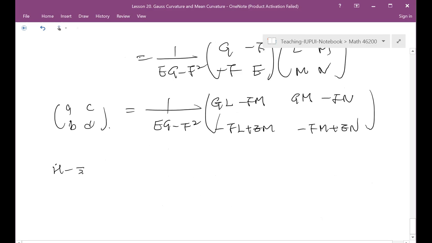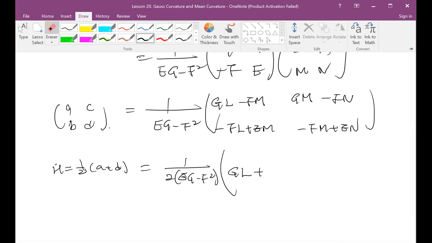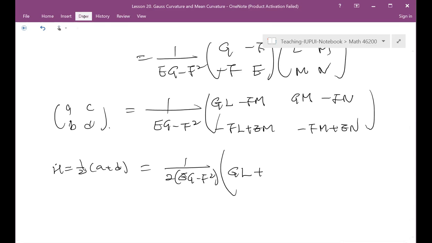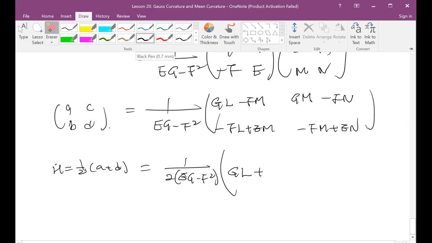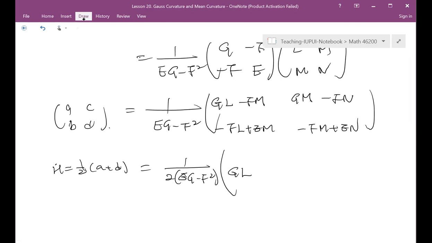So the mean curvature is half of A plus D. So it's going to be one half of one over EG minus F squared times, adding them together, GL, and twice of M, so GL minus twice FM plus EN. I just need to consider those terms.